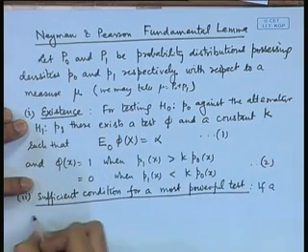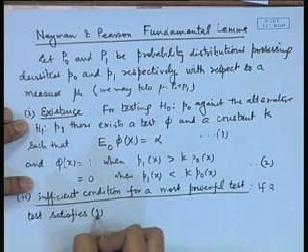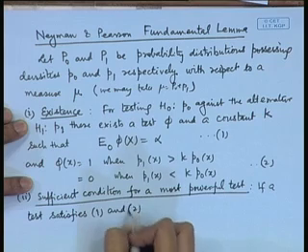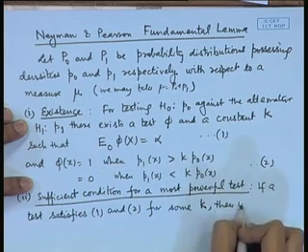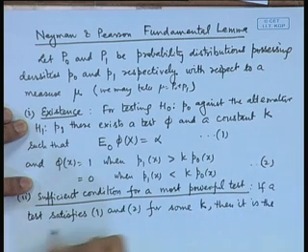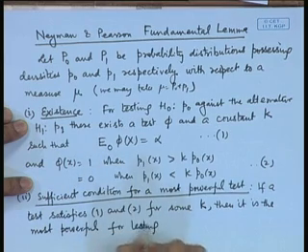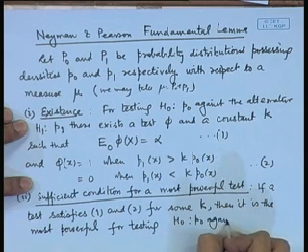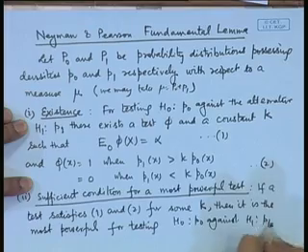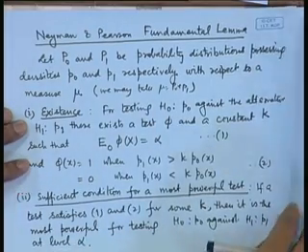If a test satisfies 1 and 2 for some k, then it is the most powerful for testing H naught P naught against H 1 P 1 at level alpha.